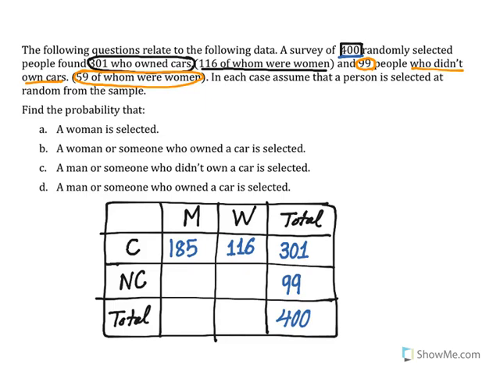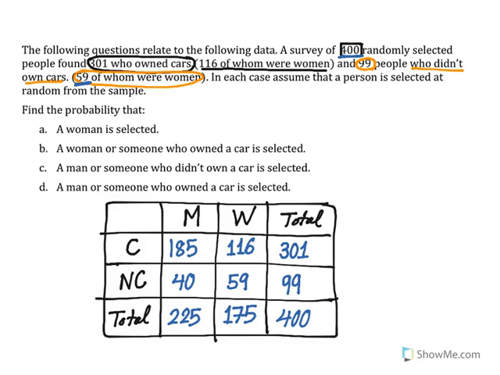There are 99, and they said that 59 of the ones who don't own cars are women, and this means that there are 40 men who don't own a car, so that when you add 40 and 59 you will get the 99. Okay. And finally, the total number of men, if you add 185 and 40, this will give you all the men that we have in this sample. It will be 225. And the total number of women will be, of course, you add these two numbers, and you should get 175.